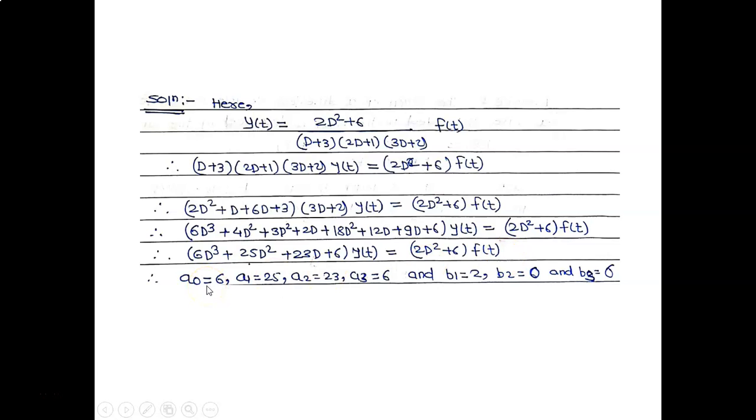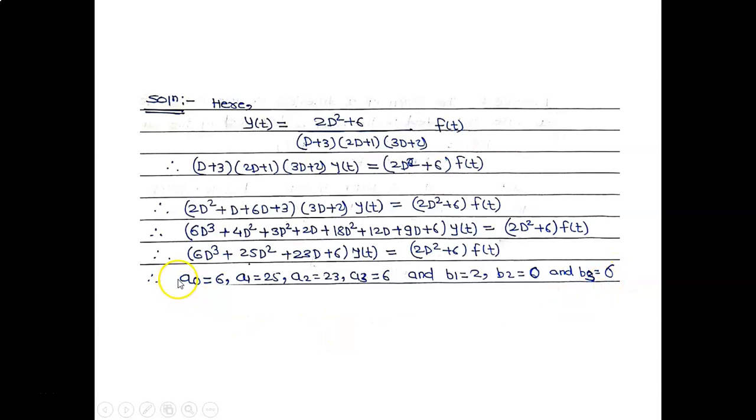Now comparing with the standard equation form, we have a0 is equal to 6, a1 is equal to 25, a2 is equal to 23, a3 is equal to 6, and b1 is equal to 2, b2 is equal to 0, and b3 is equal to 6.